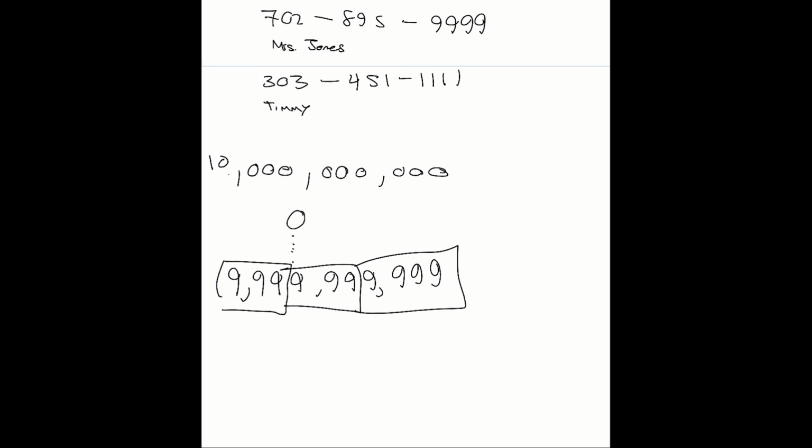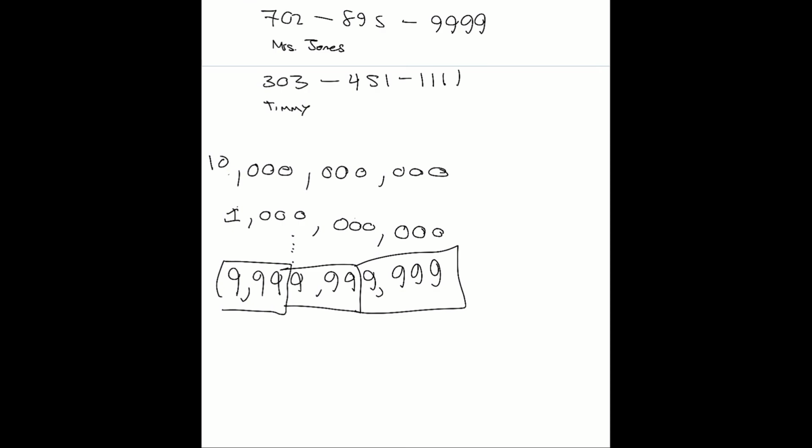So maybe the reality is that the range of phone numbers, assuming that this is a valid area code, would really be from that and up, right? Because you need to have at least a 1 here.